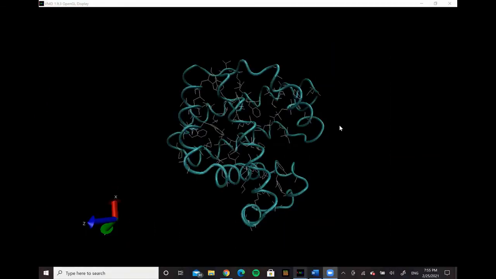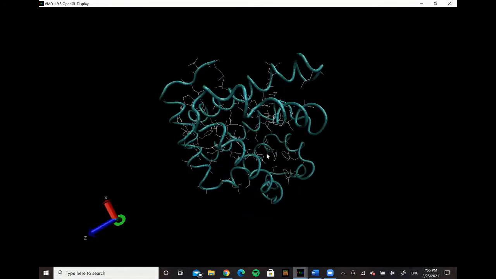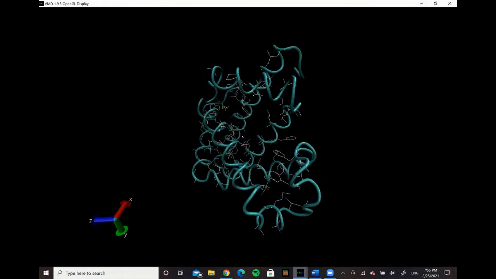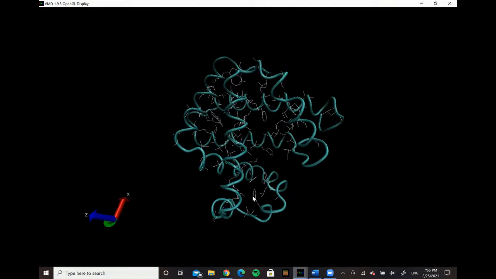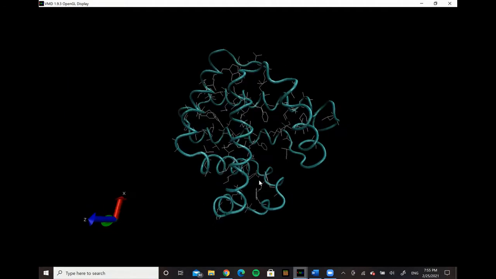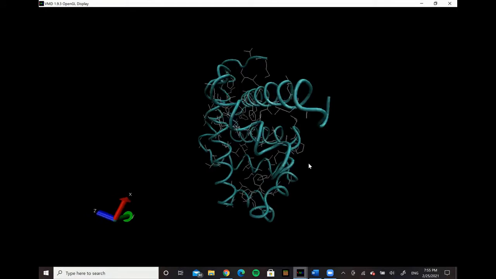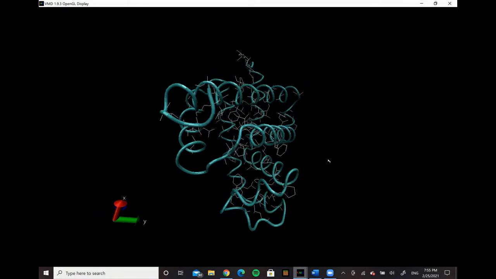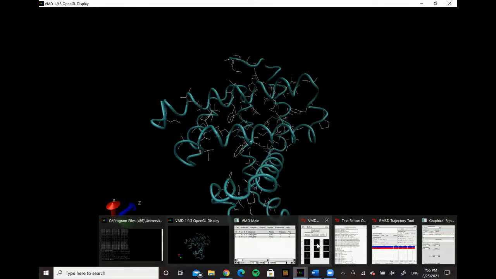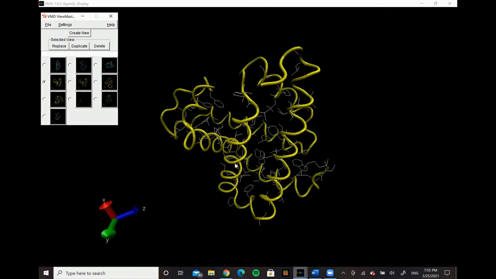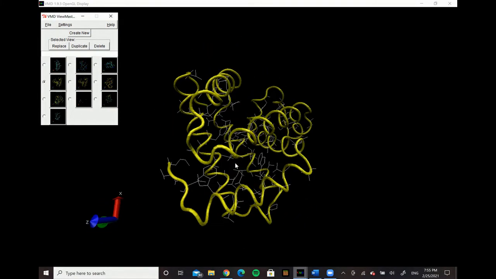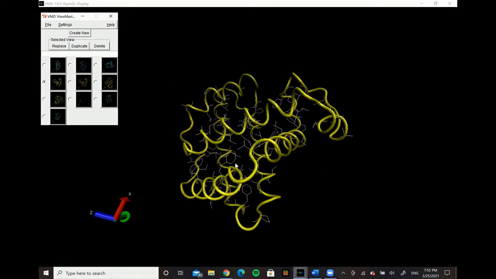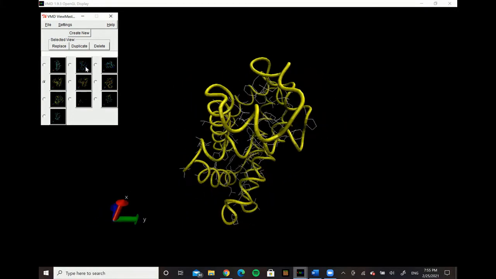One of the cool things about VMD is that you can visualize the different types of residues. You can basically visualize anything you want. So this is 1 MOB and all of the hydrophobic residues. And then in yellow, this is 1 MOC, and these are also the hydrophobic residues.